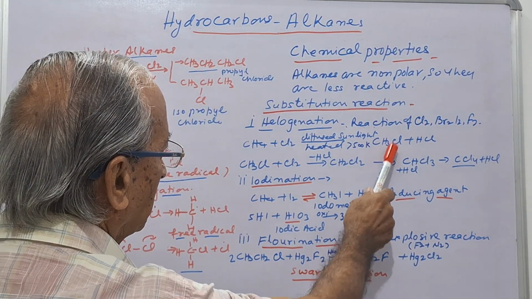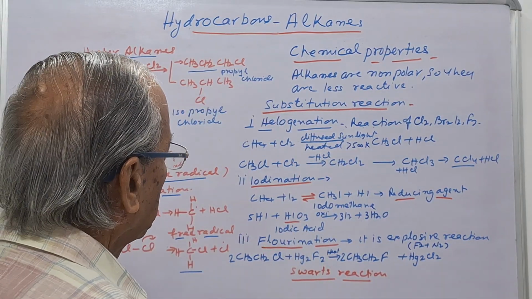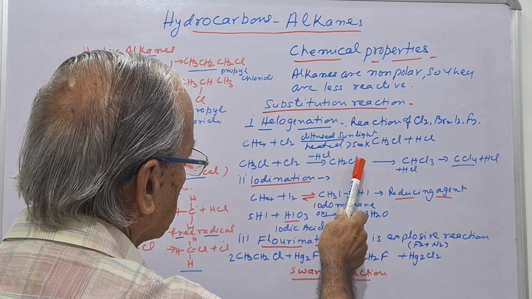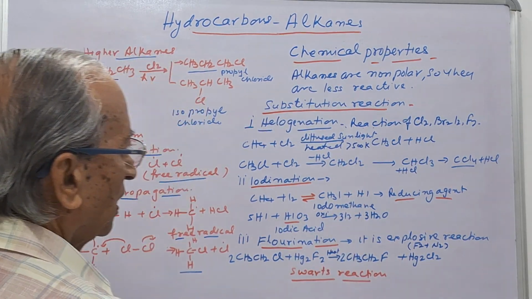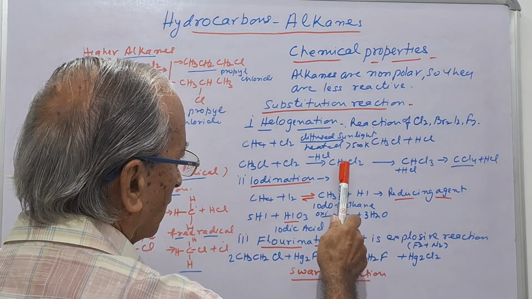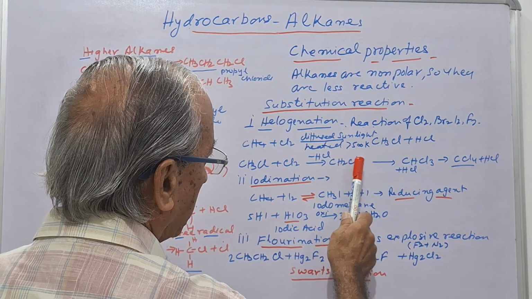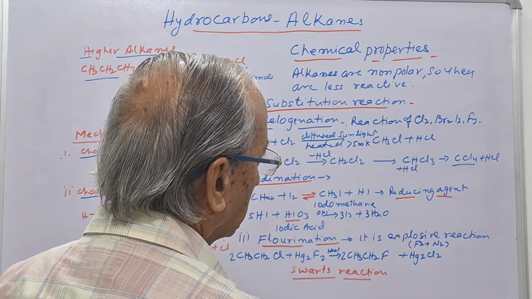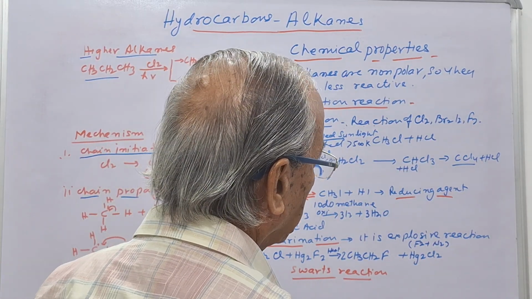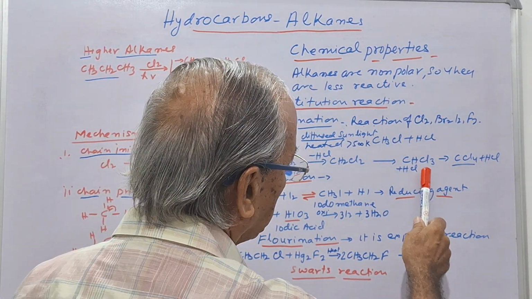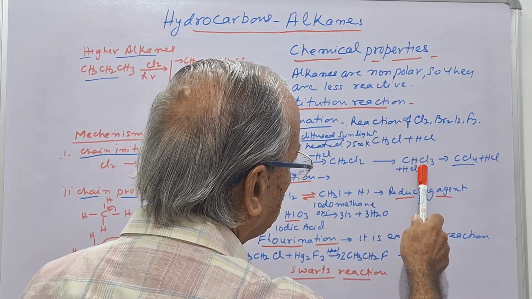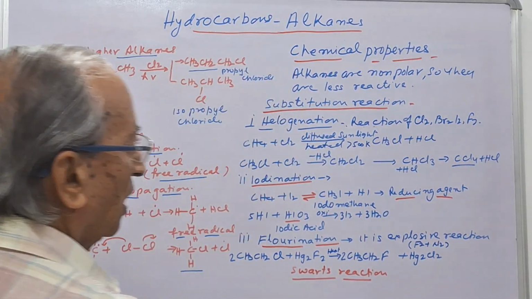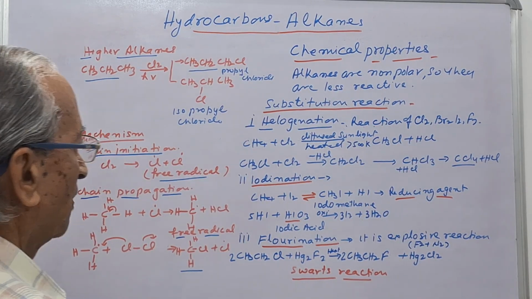This CH3Cl again reacts with chlorine and forms CH2Cl2, that is dichloromethane. In the next step, one more hydrogen is replaced by chlorine, we get CHCl3, that is trichloromethane, and finally again one left hydrogen is replaced and forms CCl4, that is carbon tetrachloride.